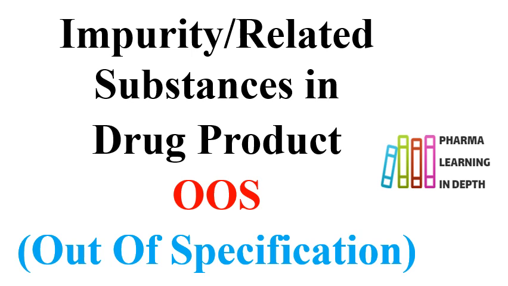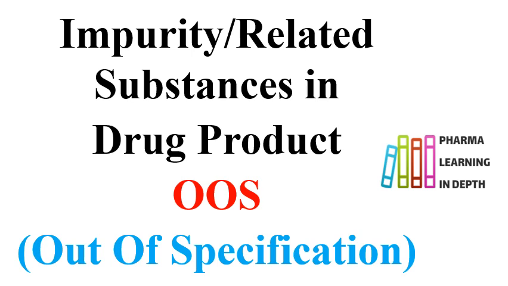For example, if the impurity limit for any impurity, you can say it as a known impurity or unknown impurity, is 0.5%, and you are getting results like 0.7%, or the drug product is failing in the total impurity limits or in any specific impurity limit.